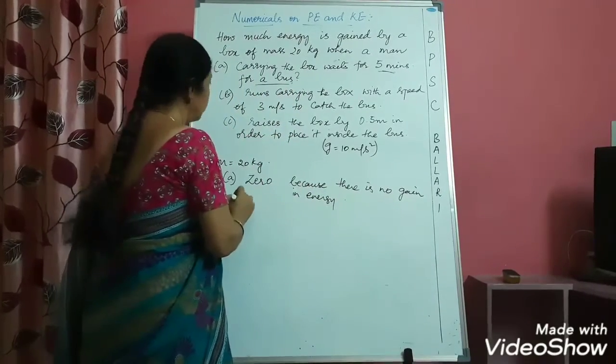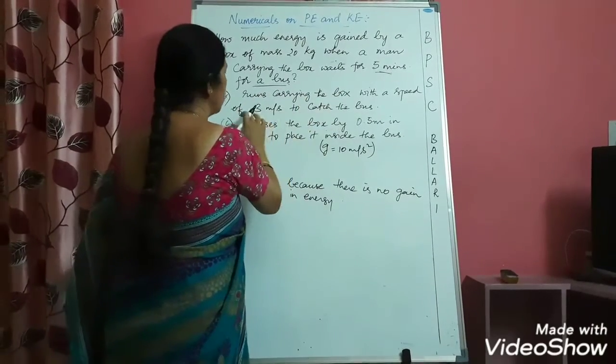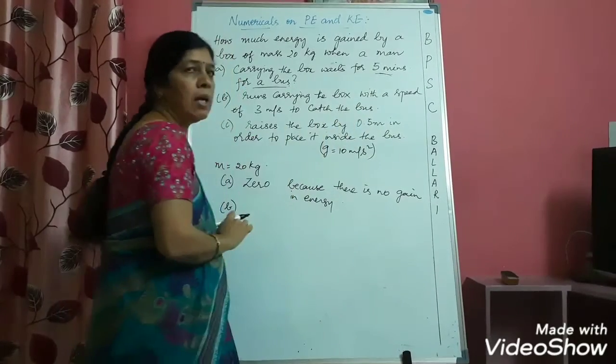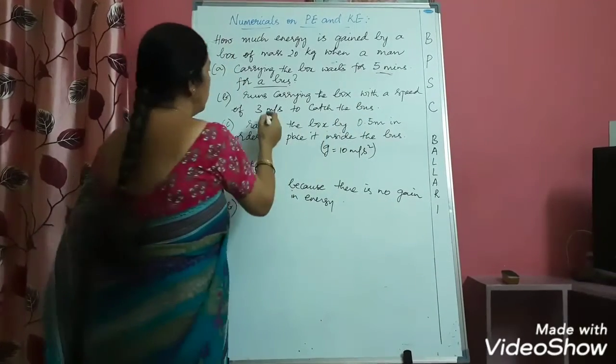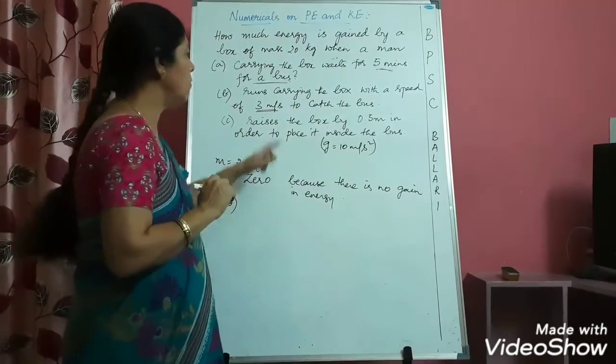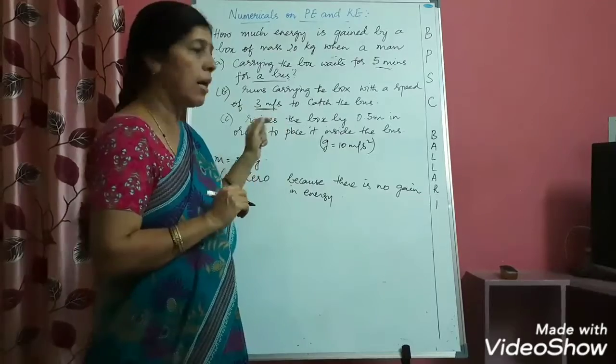Now the second one. The next case: if the man runs carrying the box with a speed of 3 meters per second to catch the bus, then what will be the energy gain? When the man is moving with a certain velocity, he will acquire kinetic energy. So in this case we need to calculate the kinetic energy.